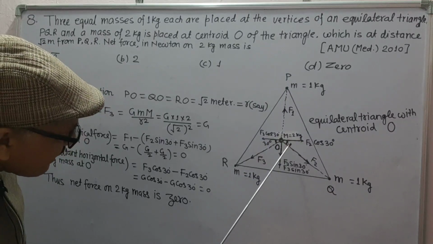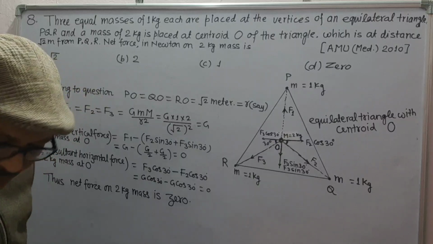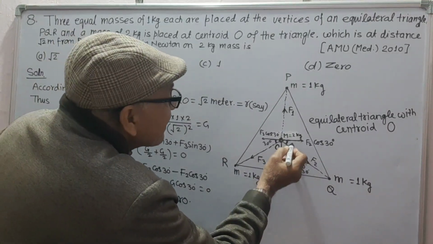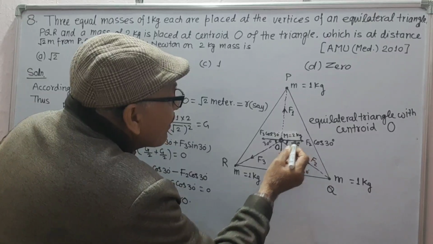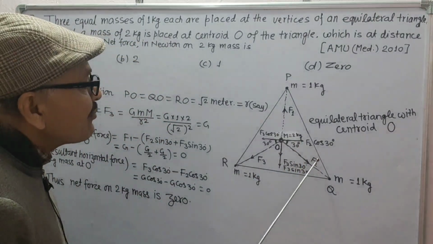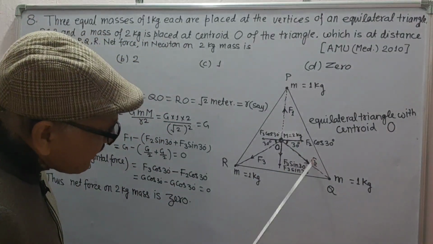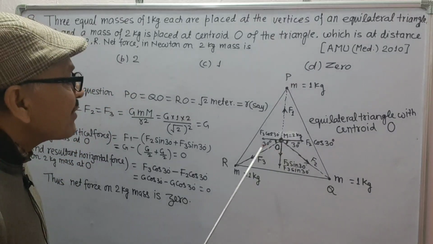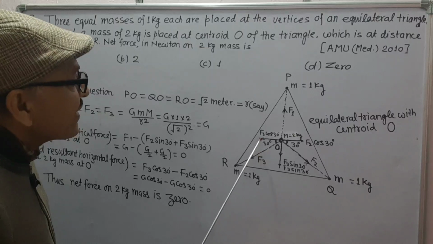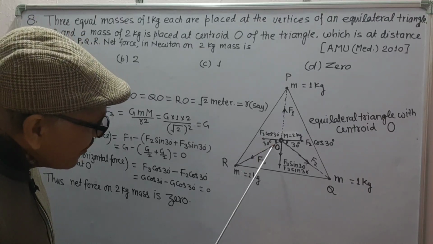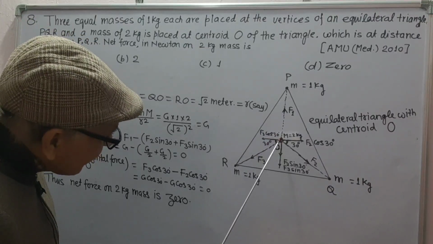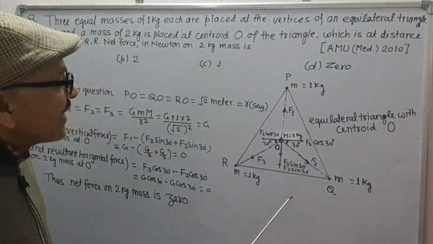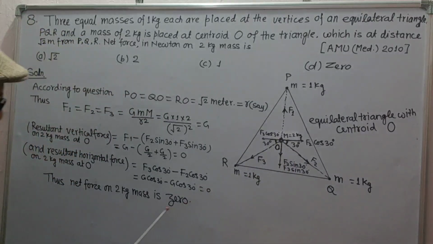So this angle and this angle will be equal to 30 degree each. So horizontal component of F2 will be F2 cos 30 and vertical component F2 sin 30. Similarly, horizontal component of F3 will be equal to F3 cos 30 and vertical component will be F3 sin 30, as shown in the diagram.